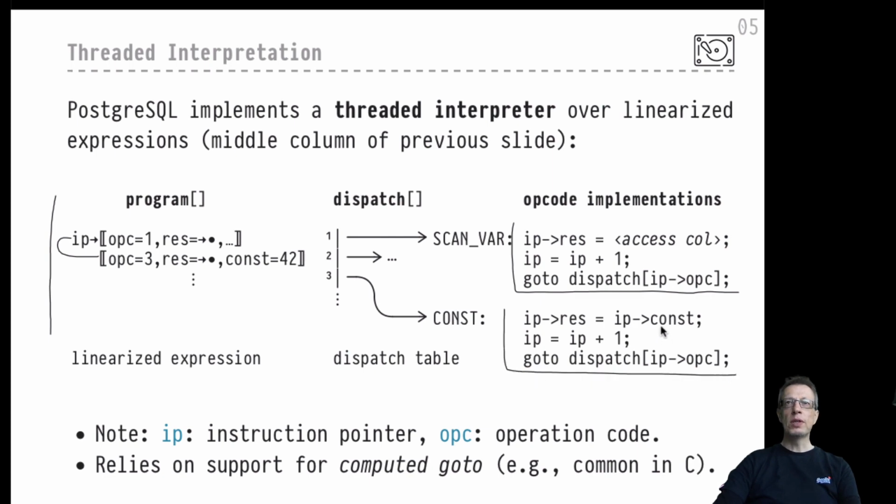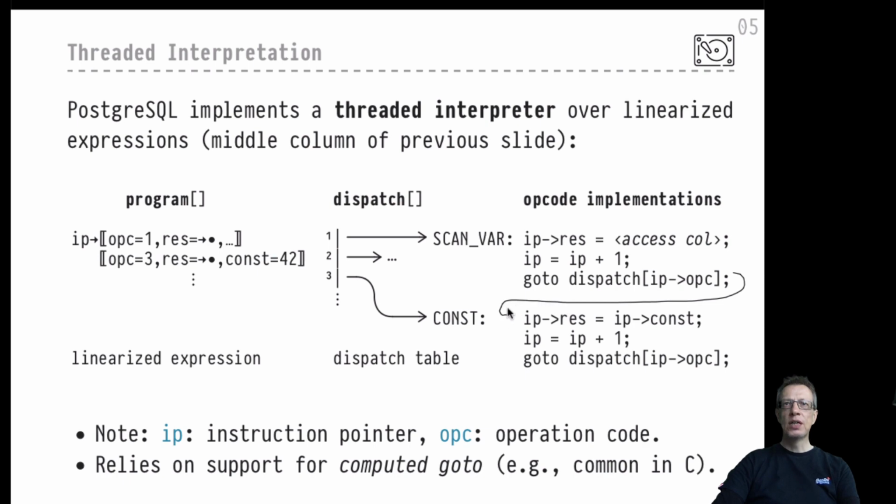And as you have probably noticed, the implementation of the scanvar opcode has directly led us to the implementation of the next instruction in the program. All right, so that go to the last instruction of the scanvar opcode led us directly to the first statement of the next opcode implementation, of the const opcode implementation.